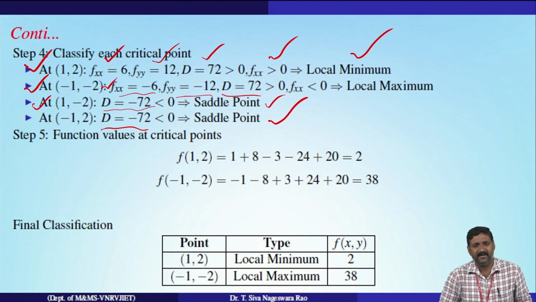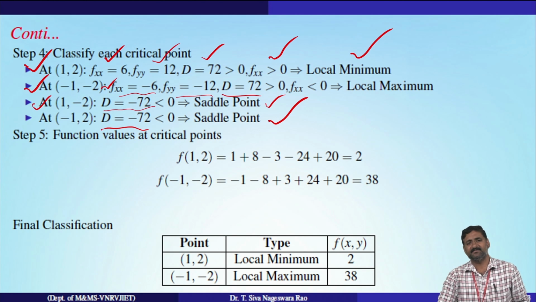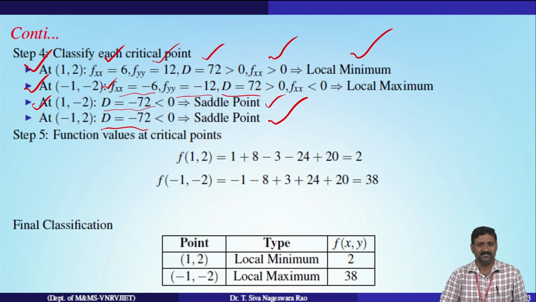So out of 4 points, at 2 points the function will have minimum value and maximum value. At the remaining 2 points the function will have neither maxima nor minima. Once you decide the function will have a maximum value at one point and a minimum value at another point, immediately substitute these 2 points into the given function, then we can find the minimum value and maximum value of the given function.